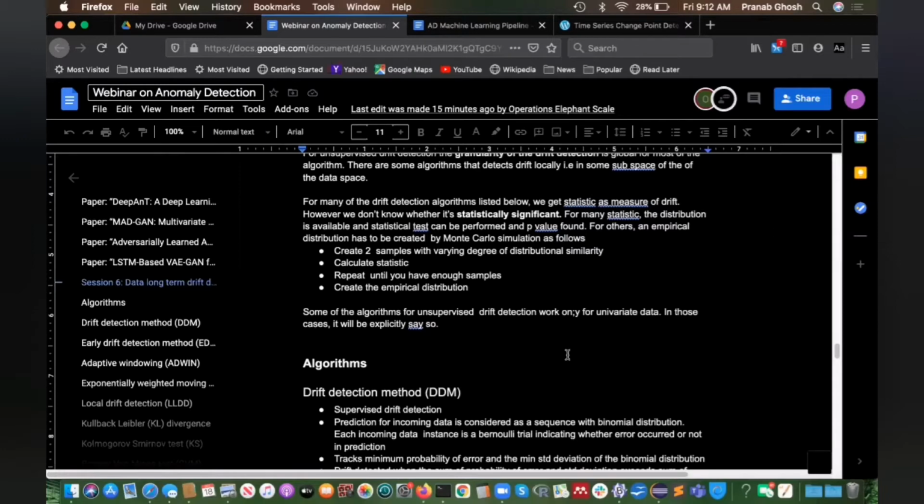One common thing as we look at all these different algorithms is that drift will be directly proportional to that statistic. But how do you know whether it's statistically significant or not? For that, you may have to do some simulation.